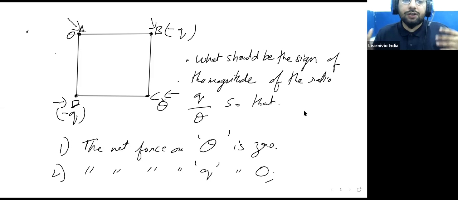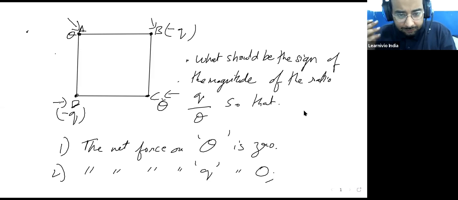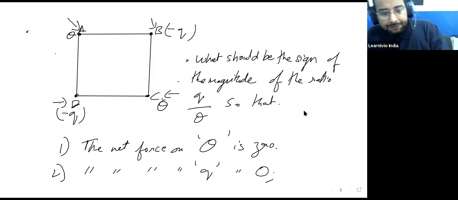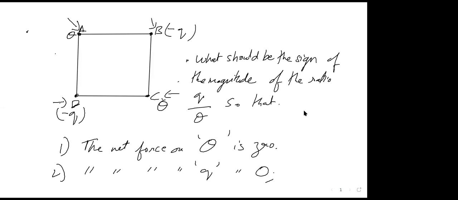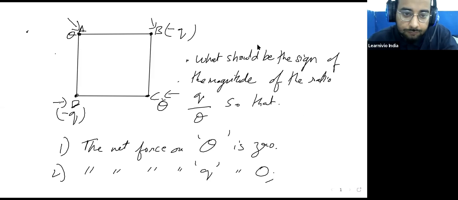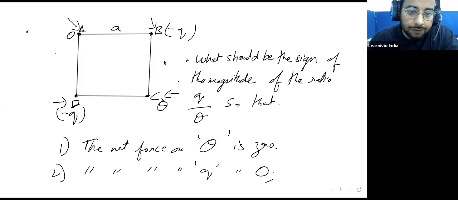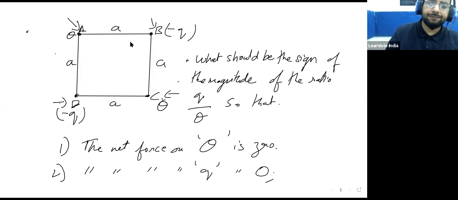Try to apply Gauss law here. Try to see how the vectors are essentially evolving. Just spend a couple of minutes on this. Let me also give you the side, which is distance A.